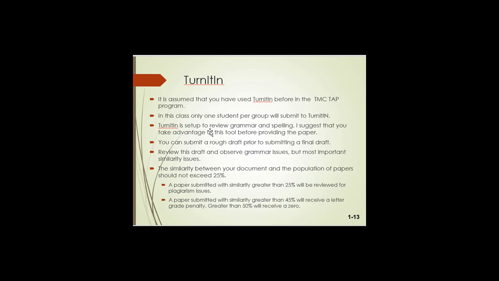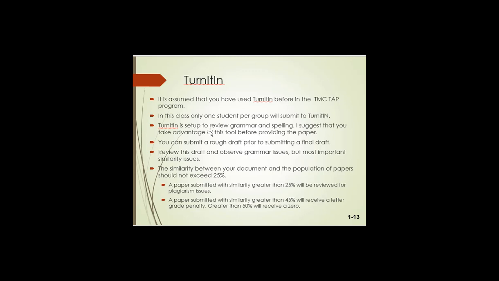You can then take the paper, review it, look at the information that Turnitin is providing with respect to grammar issues, spelling issues, and ultimately we want to look at the similarity issues. But you can review this draft prior to the paper being due. So the final paper is due on a certain date, but any time up to that time you can submit a paper for review.